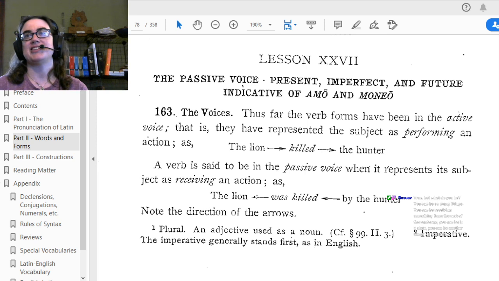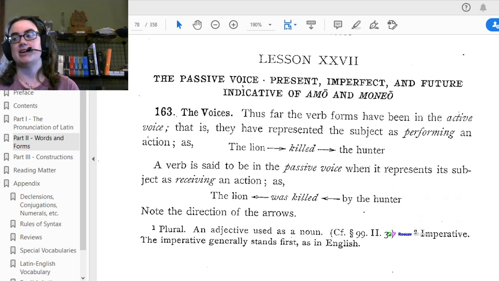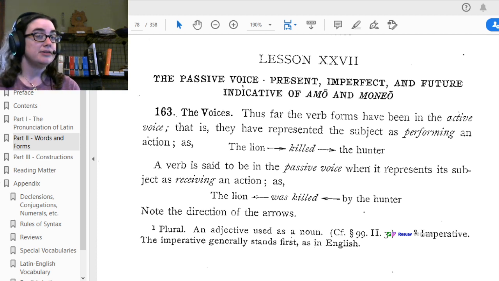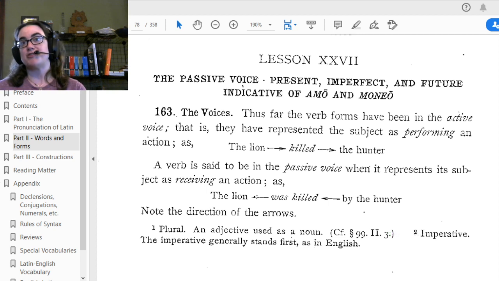What do you be? You can be so many things. You can be receiving something from the rest of the sentence. You can be in a state. You can be another name for yourself. It's true. Yeah, definitely. There's a lot with to be. But to be does not have a passive form, so we don't have to worry about Latin to be today. Because of all the things to be can be, it cannot be to be been.